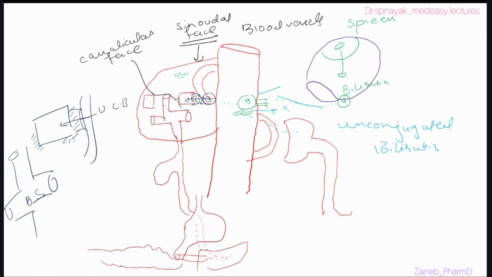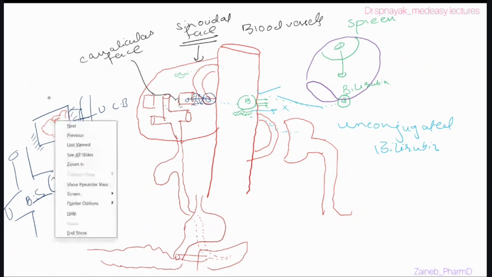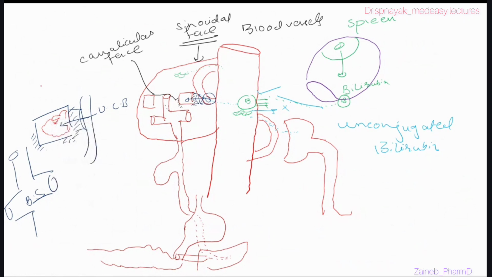Now, inside the hepatocyte, we have the endoplasmic reticulum. Inside the endoplasmic reticulum, we have one enzyme which is called glucuronide transferase.